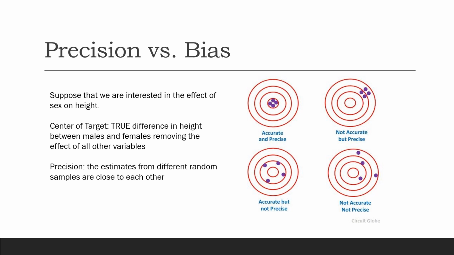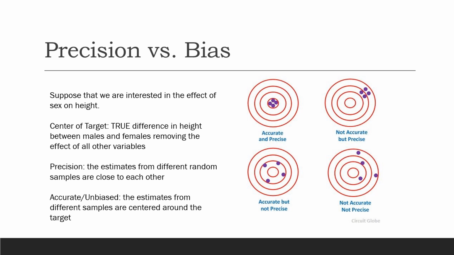Precision in our estimates means that the estimates from different random samples will tend to give results that are close to each other. Accurate or unbiased results would be ones where the estimates from different samples are centered around the target. They're not tending to overestimate or underestimate the effect of sex on height.